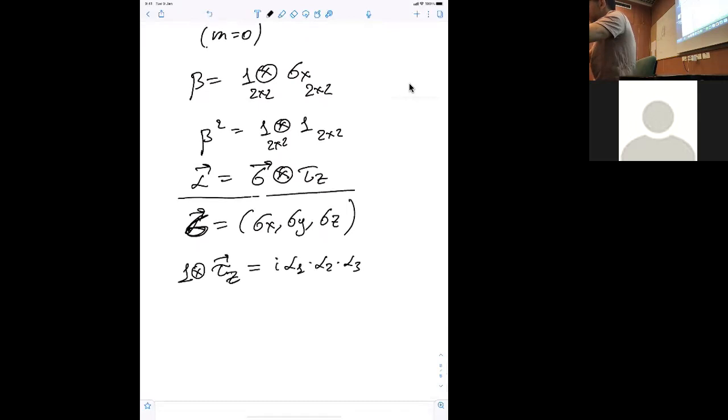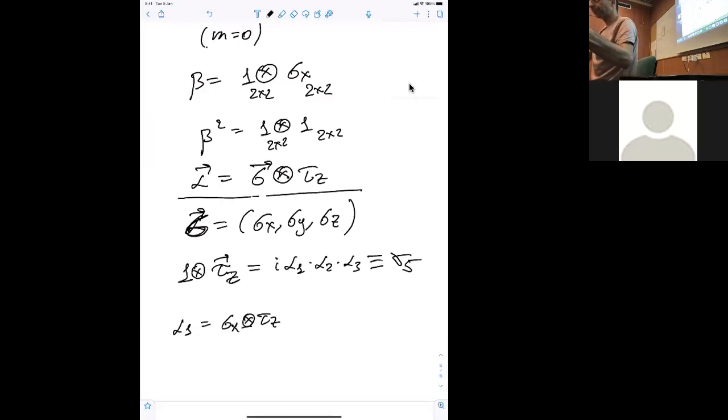These are these guys. So you take alpha 1 is sigma x and so on. And Dirac called this the gamma 5 Dirac matrix.